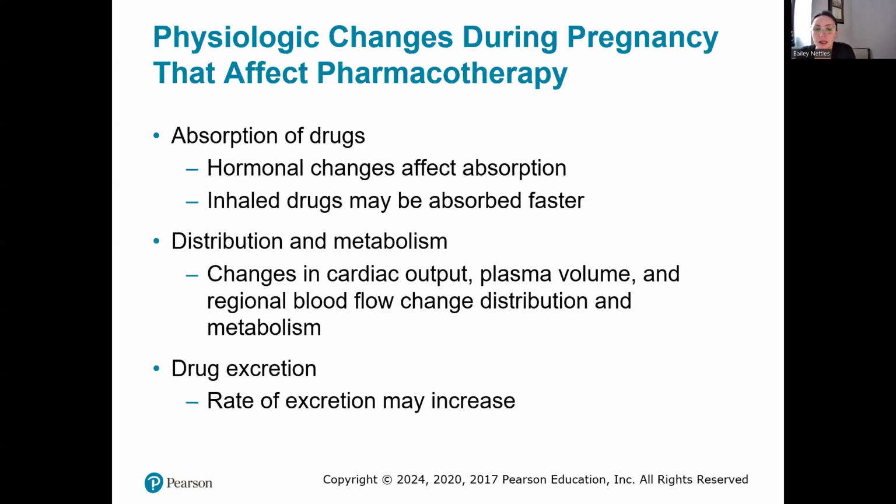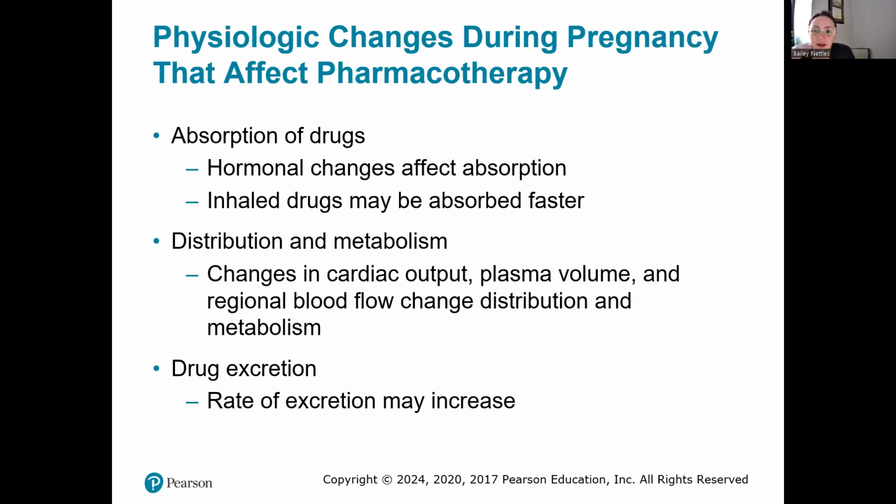Okay. So the absorption of drugs is changed by hormonal changes in your body. Inhaled drugs are sometimes absorbed even faster. Your cardiac output, plasma volume, and blood flow change because they're supporting a whole other human or multiple humans. So obviously the metabolism and the distribution of the medications are going to change because you have more plasma volume, a higher cardiac output, your heart's going to be beating differently and harder and with more volume.